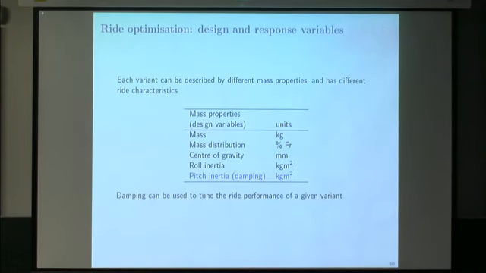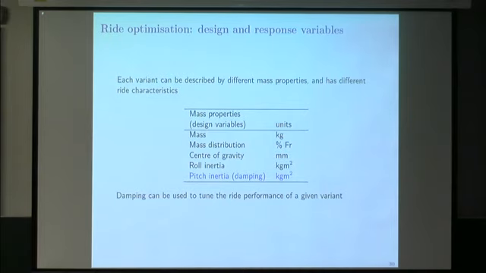The second example is from the ride optimization that I mentioned in my introduction. As I have mentioned earlier, we have different versions of the car that have different mass properties and different ride characteristics. In our problem, we have 5 design variables, and each one of the variants, the version of the car, can be expressed as a function of 4 of these variables.